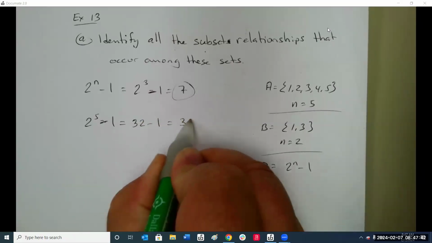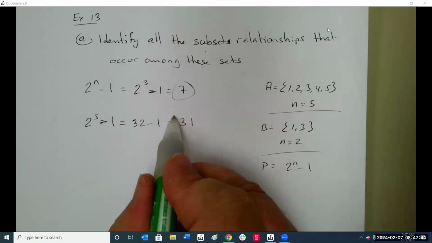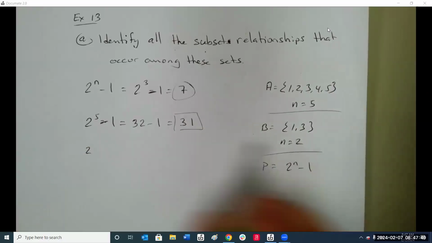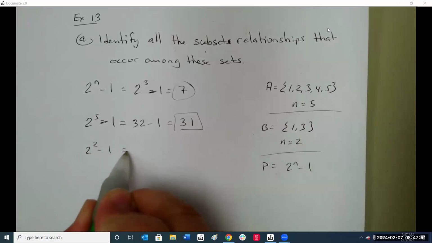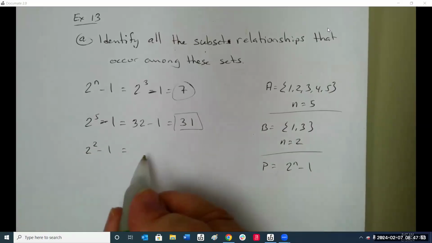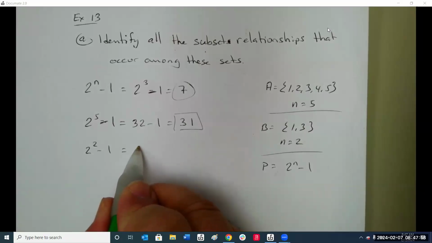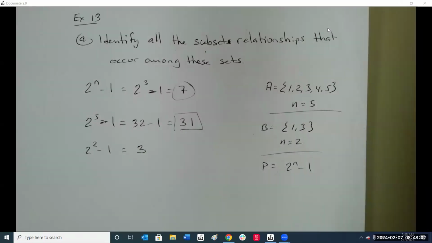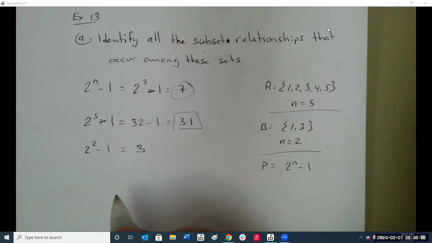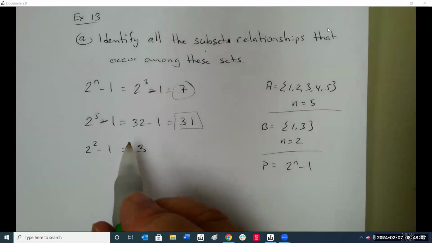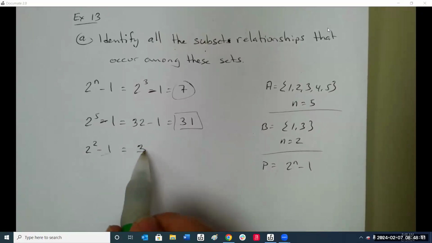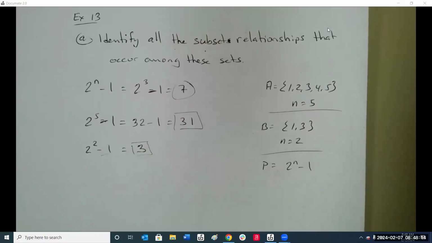Minus 1 is 31. 2 to the power 2, well, yeah, 2 times 2 is 4, minus 1. Yes, you're correct. I was going ahead, I was finishing it. 2 to the power 2 is 4. Yes.